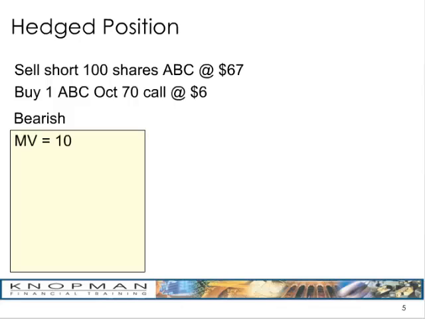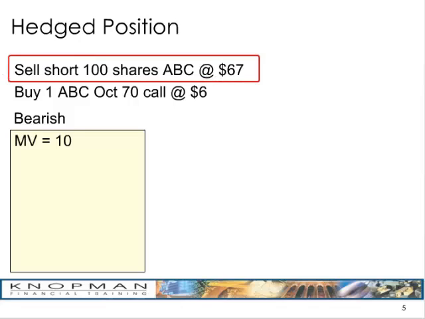Okay, so for example, let's say the stock goes down to 10, and what you're going to do here on these multi-position strategies is evaluate each position one at a time. So we sold the stock short at 67. Now it's worth 10. Is that good or bad? That's very good. When you sell stock short, you want it to fall. So we made $57 on the short position.